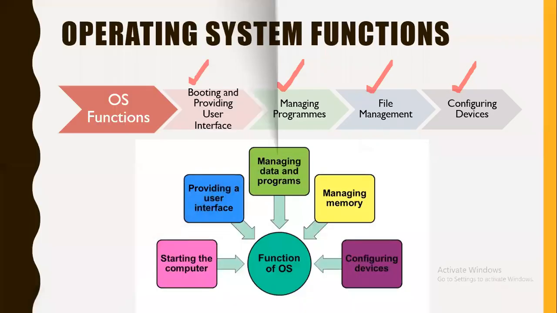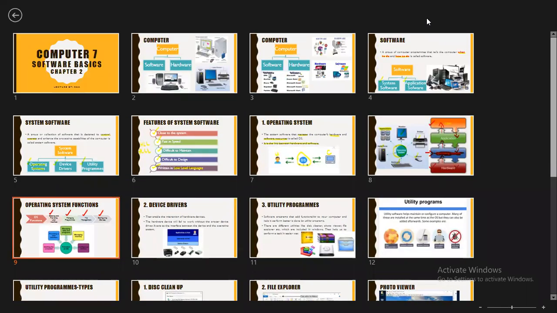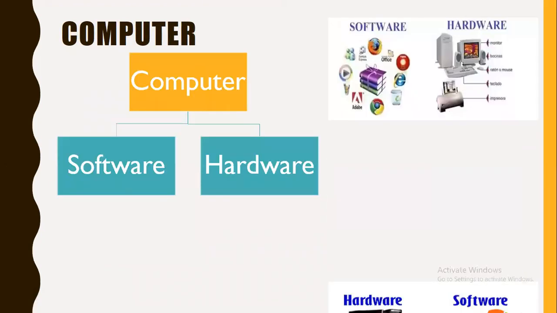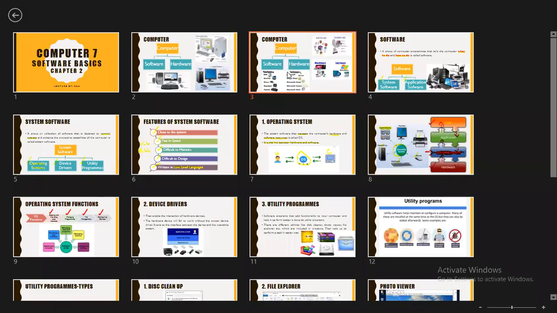I hope you have got today's lecture in a good way. Let me summarize in 1 minute. Today we have discussed the computer, what a computer is, then we discussed the two main parts of a computer, that it has hardware and it also has software.